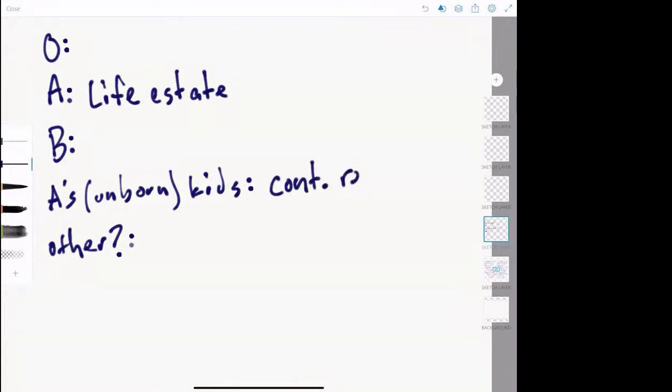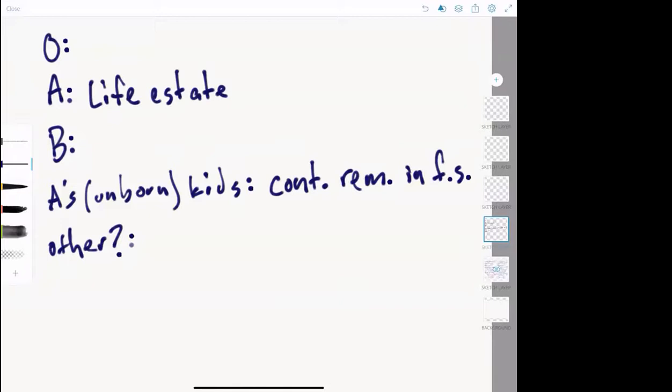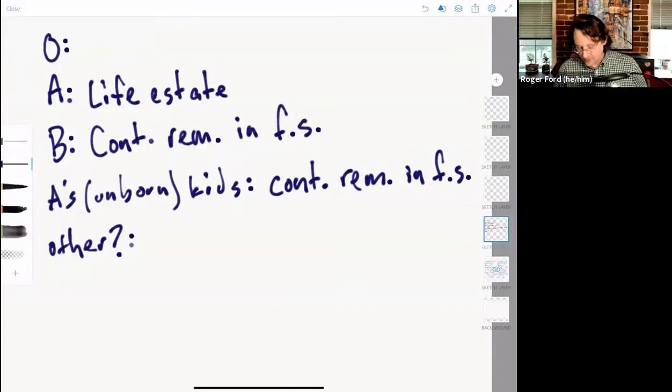Hold on, contingent remainder in what? Oh, in fee simple. Okay, go ahead. And then B only gets it if there are no children for A. So I think that would also be a contingent remainder in fee simple. And we don't really have anyone else here, I don't think, right? Yeah.